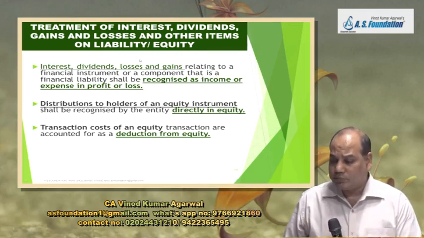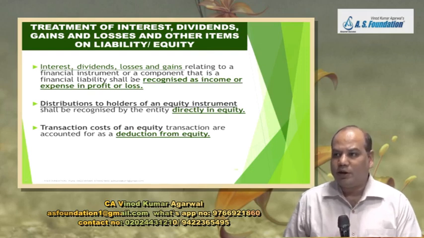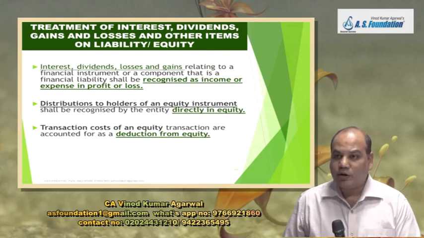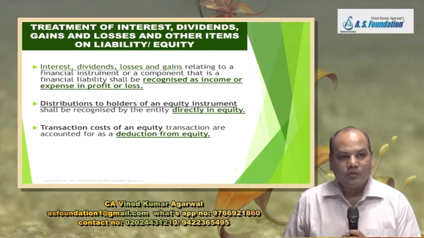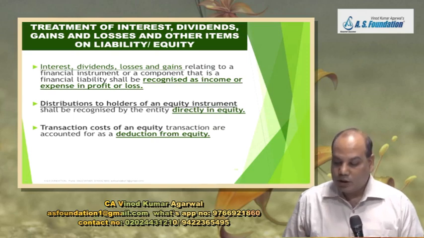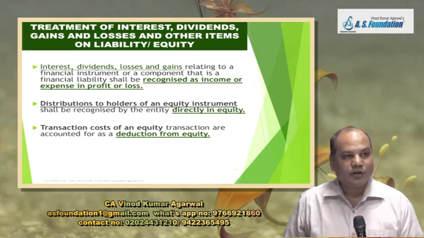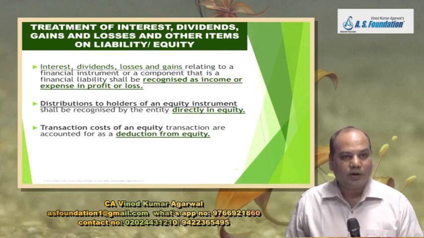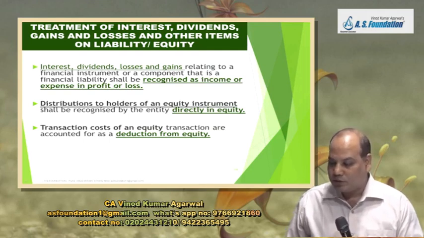If the underlying instrument is a liability, then any payment made, interest, dividend, even dividend on a liability instrument will be recognized as expense. For example, a preference share which is treated as a liability. Henceforth, if you are preparing the financial statements under IAS 32 or Ind AS, you have to show the dividend on a liability in expense, the P&L account.